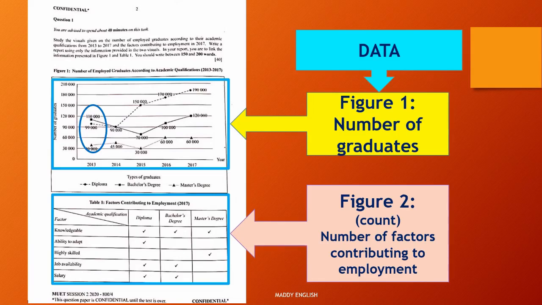What you can do is to count the number of factors. For example, diploma, 4 factors, bachelor's degree, 3, master's degree, 2. So ensure that when you mention the subject reference, you are talking about the number of factors contributing to the employment.